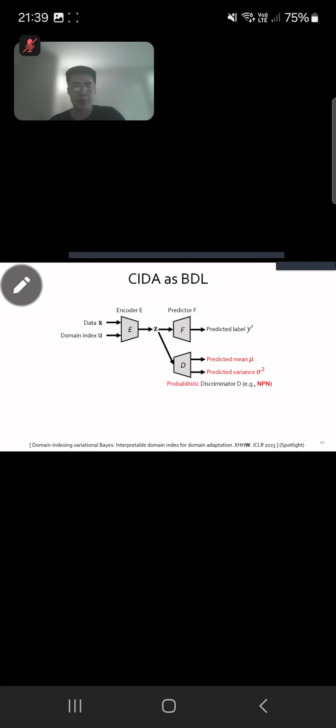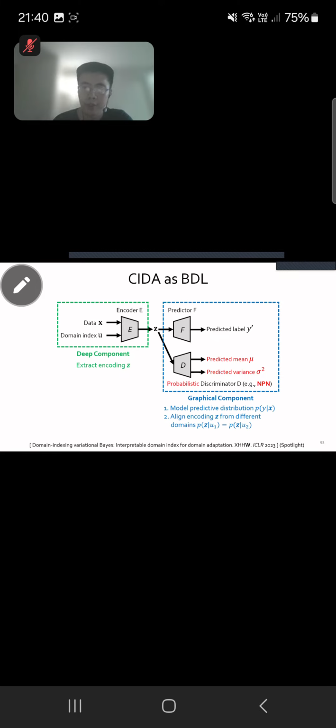Our theory shows that by doing this, our CIDA can match both the expectation and variance of the domain index across different domains. Interestingly, this CIDA model can also be viewed as a Bayesian deep learning model.